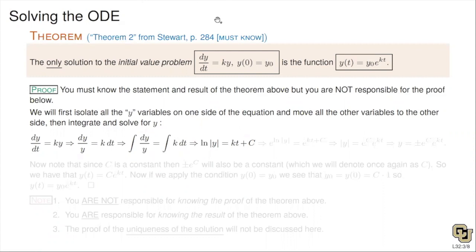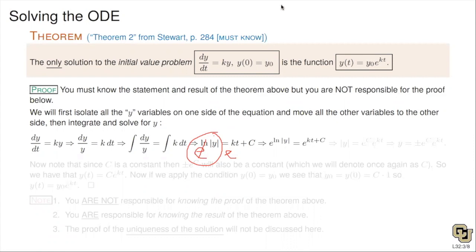So remember, I'm trying to solve for y, which is trapped inside the natural log. So now let me exponentiate both sides. I'm going to raise both sides to e, right? E to the ln, the e and the ln cancel, just gives me back the absolute value.